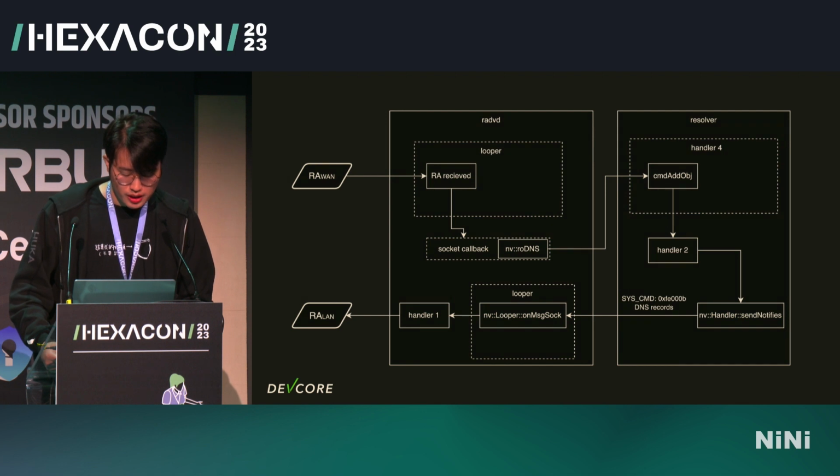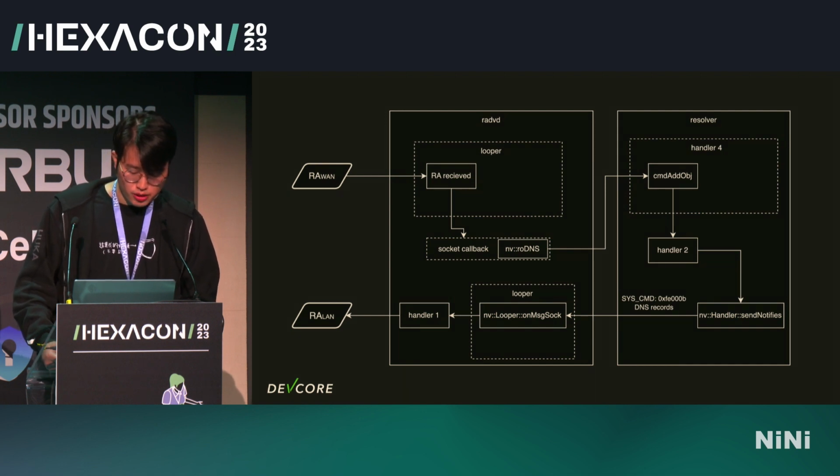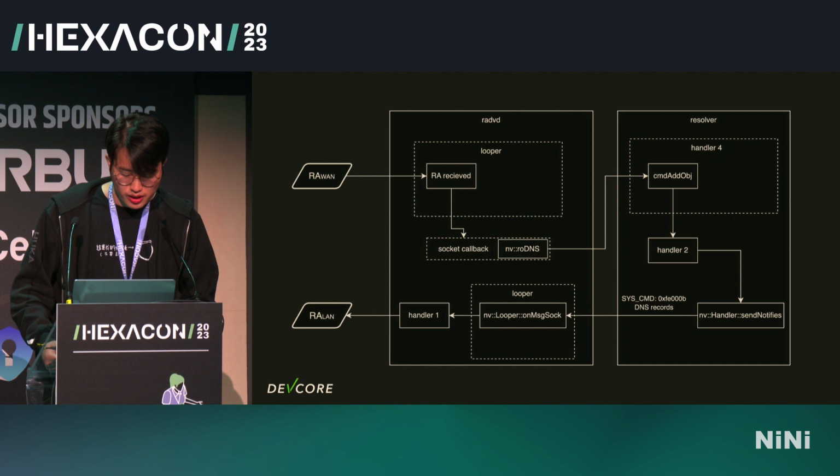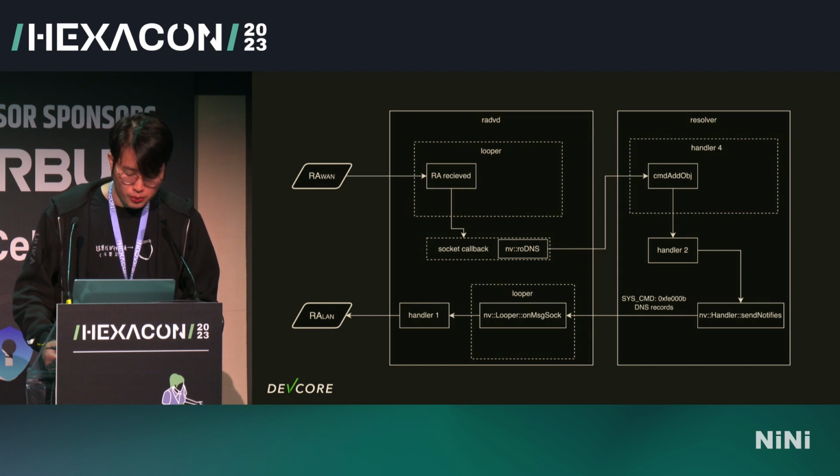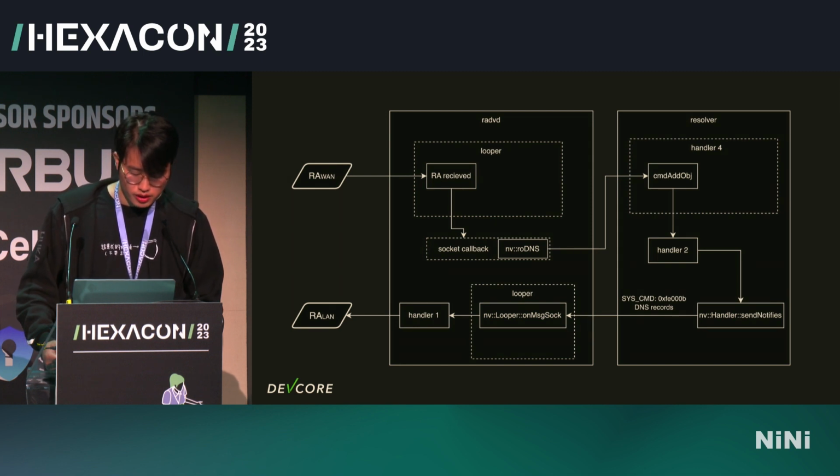So when the RADVD receives an RA from the upstream router, it calls RODNS to create a DNS remote object for each IPv6 address in the RDNSS of the RA. The command add object of handler 4 in the resolver is responsible for such a request and will add an IPv6 object into handler 2.